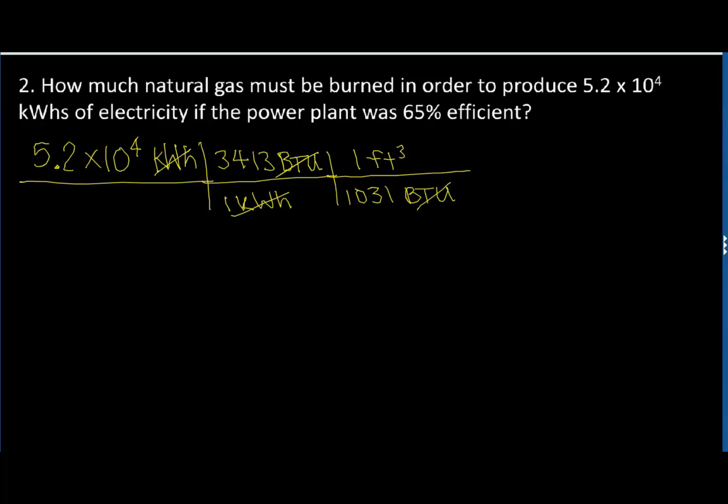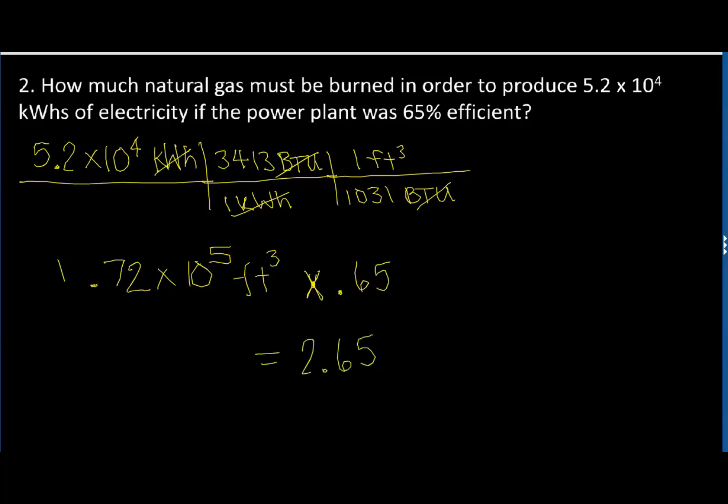So then I get 1.83 0.72 times 10 to the 5 feet cubed. And this is like the last one where you could have done the 65 at the beginning if you wanted. And then I'm basically going to multiply this by 0.65. And I'm going to get 2.65 times 10 to the 5.